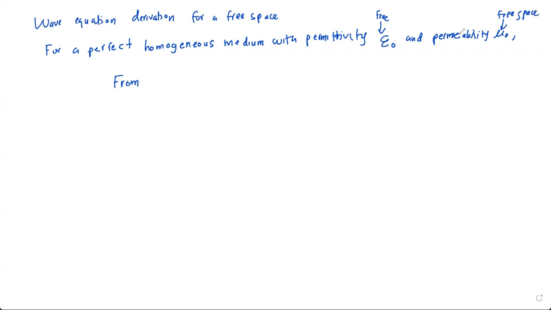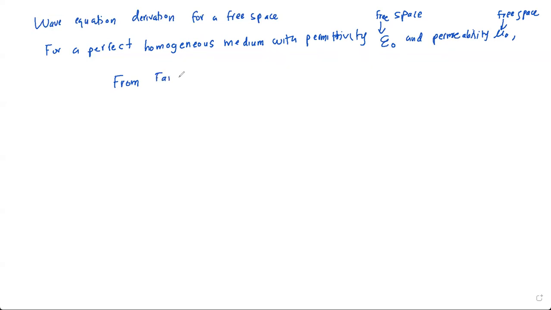In general, epsilon naught and mu naught are the permittivity and permeability values that we define for free space.